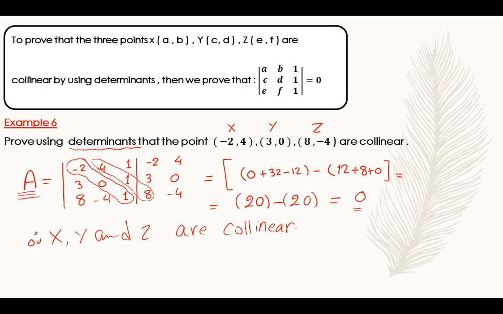To prove that the 3 points are collinear, we find the value of the determinant. If it is equal to 0, the 3 points are collinear. If it is not equal to 0, then the 3 points are not collinear. Let's go to another idea.